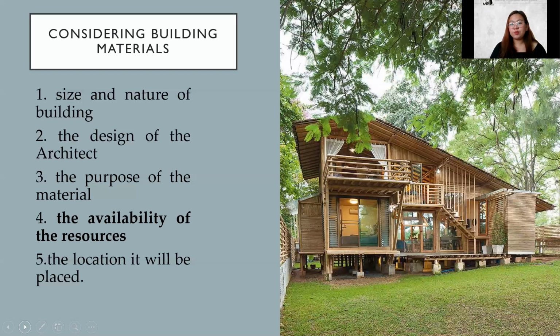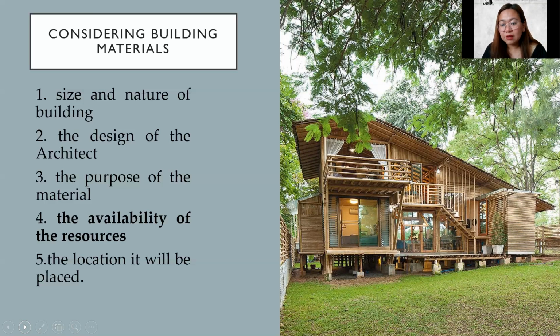Next is yung availability ng resources. So one good example is bakit ba ang best na bahay for the Philippines is yung bahay kubo. One reason dyan, aside from being tropically related dun sa building, yung mismong materials na ginagamit for bahay kubo is locally available sa Philippines.